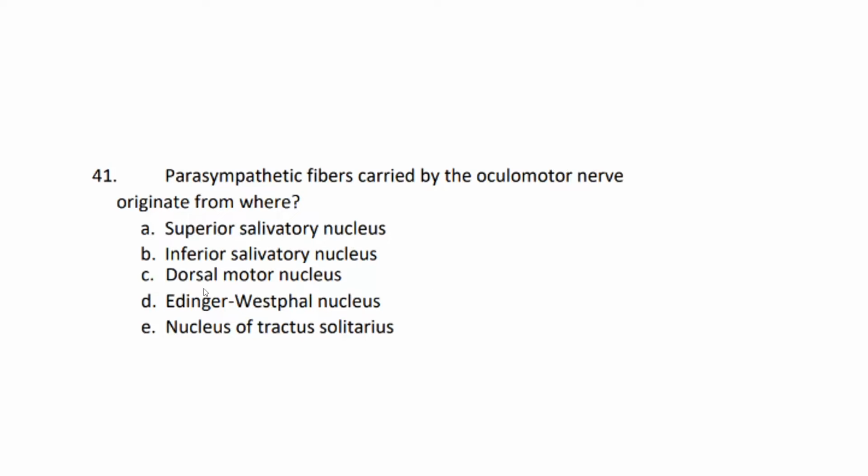The nucleus tractus solitarius similarly isn't really going to be related to the oculomotor nerve. And so you end up with the dorsal motor nucleus and the Edinger-Westphal nucleus. The oculomotor nerve's parasympathetic fibers come from the Edinger-Westphal nucleus, just like with the previous case about the oculomotor nerve.